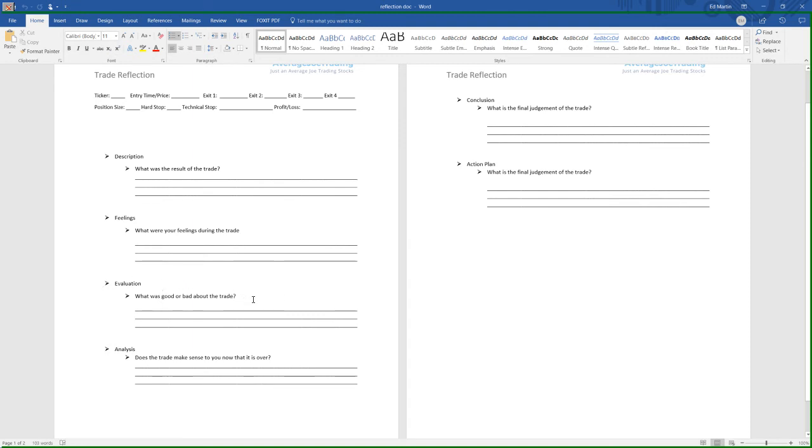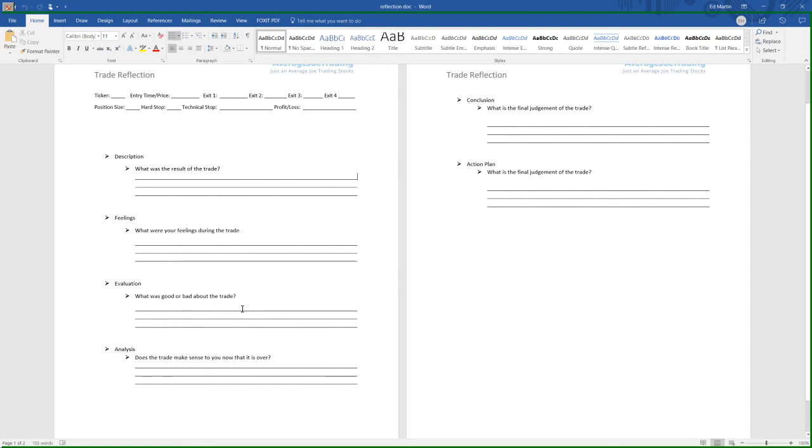So what was good about the trade? My execution was good. My entry was good. The way I managed the trade with the first 2 covers was good. The results were good.